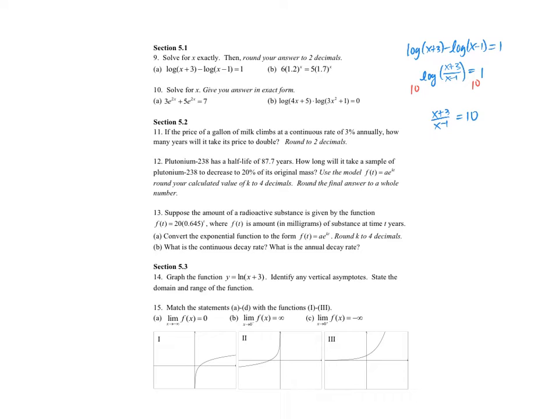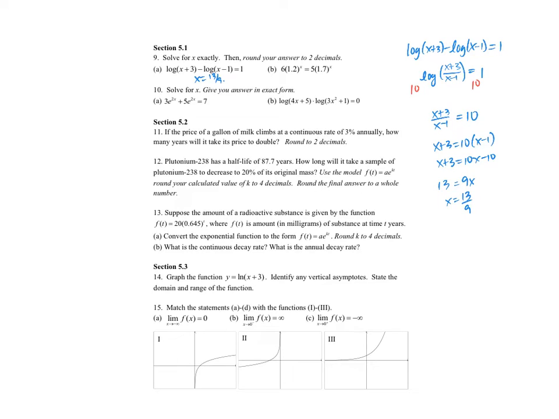And then I can multiply the x minus 1 over, and move all the x's to one side, and the constants over to the other side. So if I subtract an x over here, I get 9x is equal to 3 plus 10, which is 13. So x is equal to 13 divided by 9. So that's the answer here.